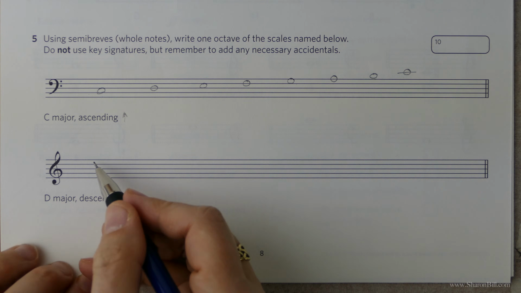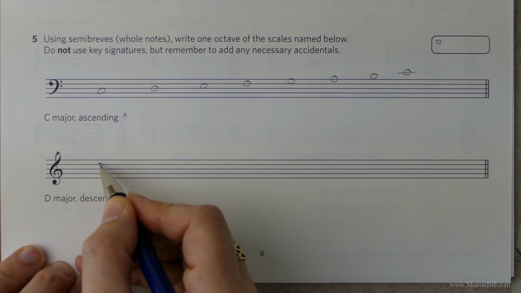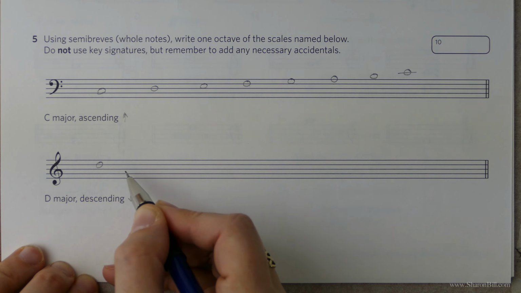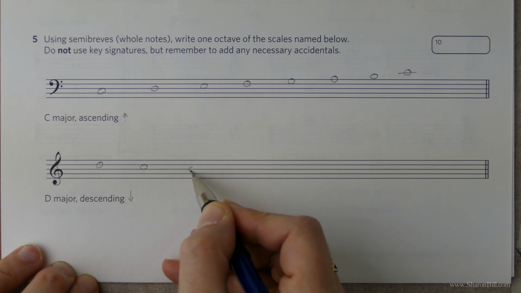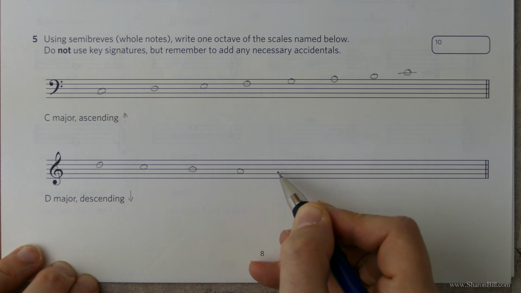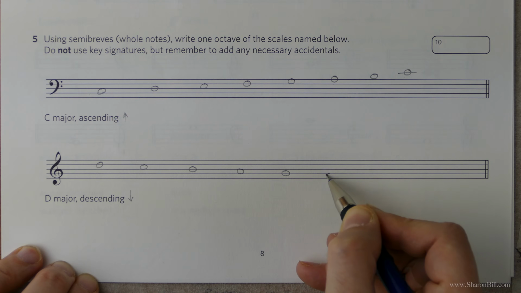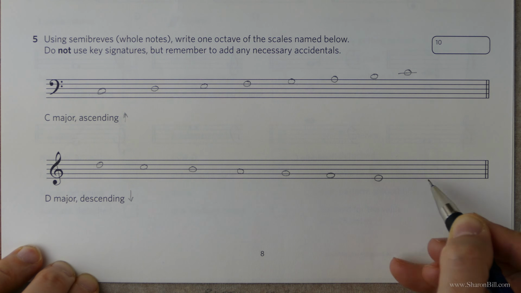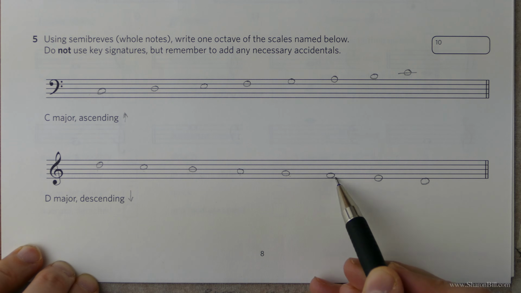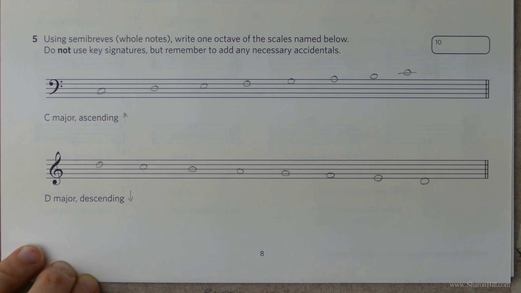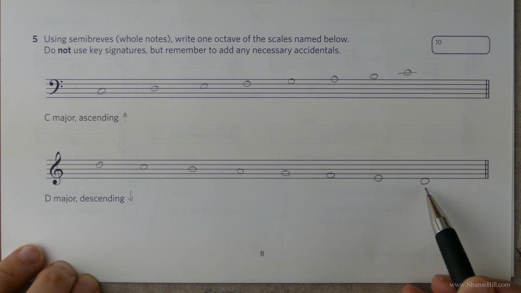So I'm going to start on a reasonably high D. Scale is steps, so line, space, line, space, line, space, line, space, taking us to D. 1, 2, 3, 4, 5, 6, 7, 8. There's our octave beginning and ending on D.